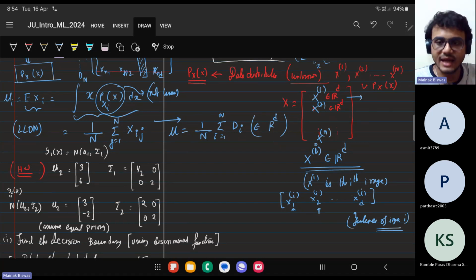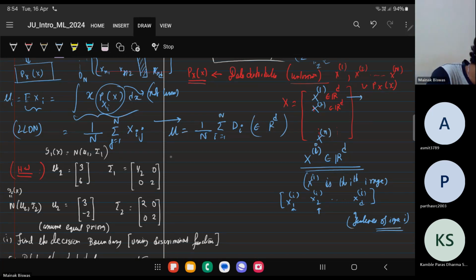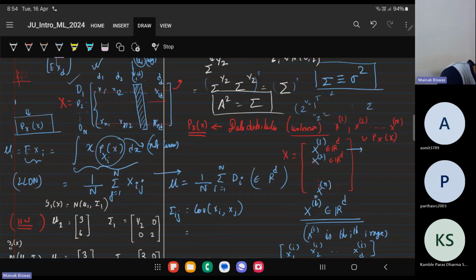So for each feature, I will have n images, right? So I take the mean of that. Similarly, if I ask you what is the standard deviation or the covariance of i and j, what will you say? Xi, xj. Anything in the subscript, just to be consistent, I'll write in the numerator.